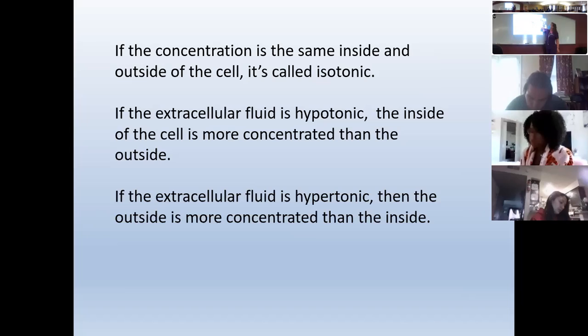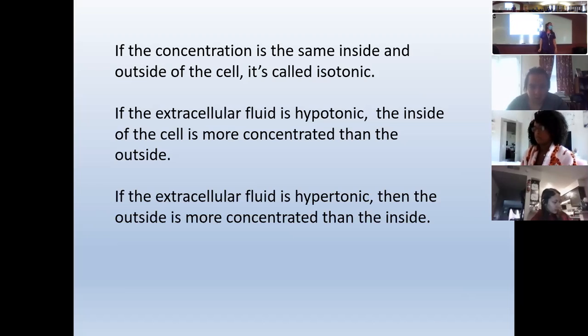If I have hypotonic, the extracellular fluid is hypo. Tell me where the extracellular fluid is. Thank you. It's on the outside of the cell. If the outside of the cell is hypo, what kind of concentration am I looking at?